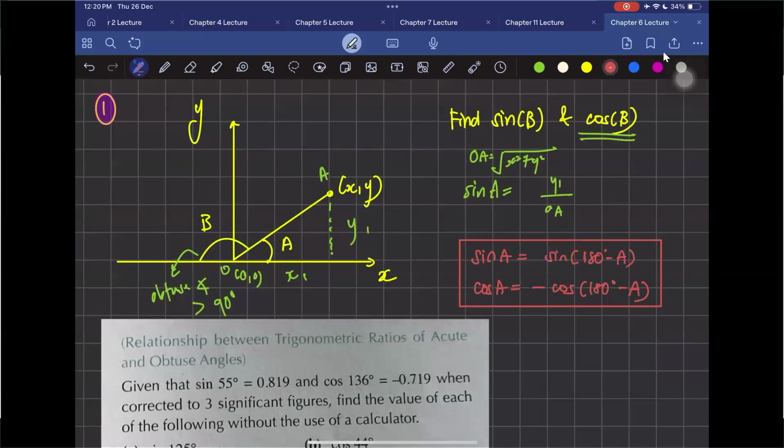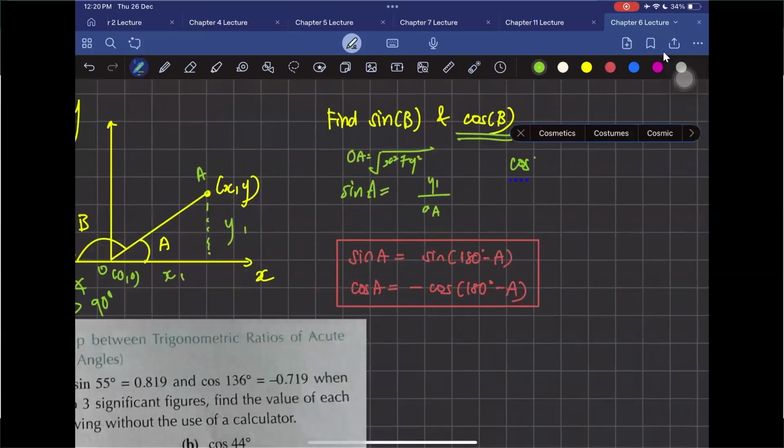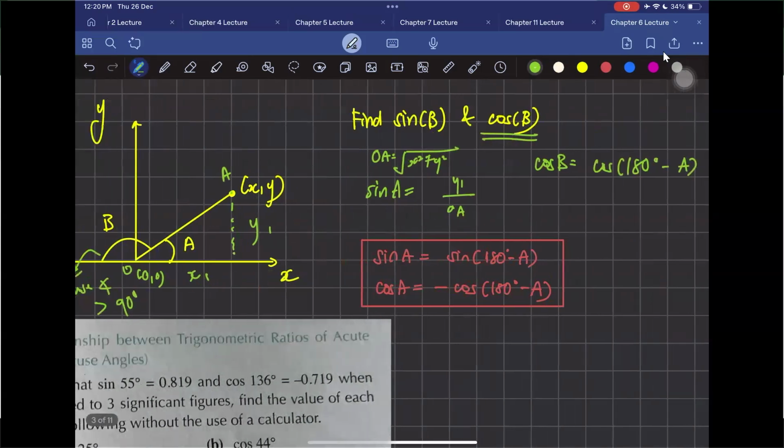So if we see your cos B is actually equals to cos 180 minus A. Okay?